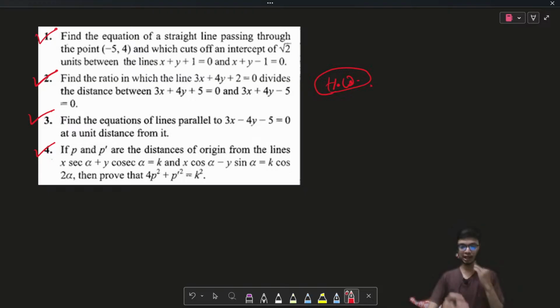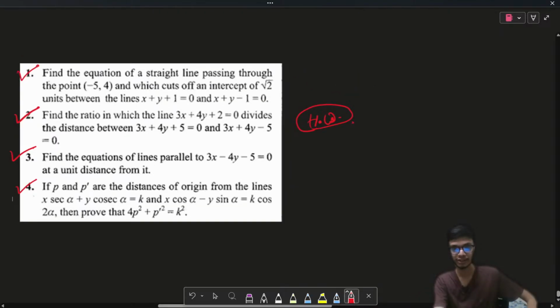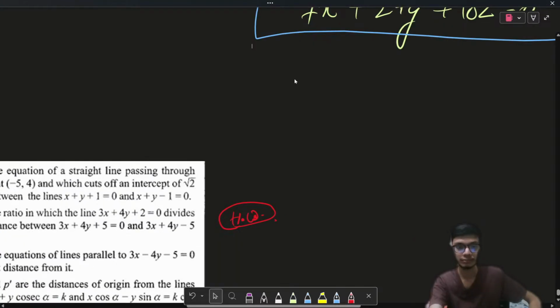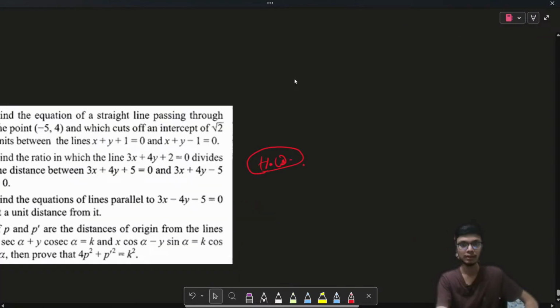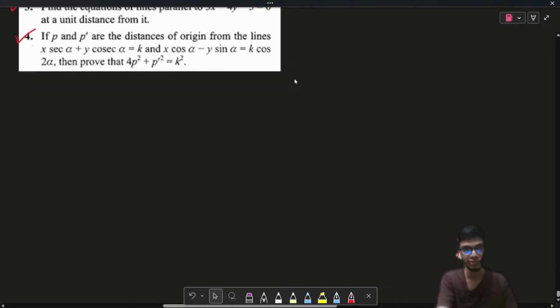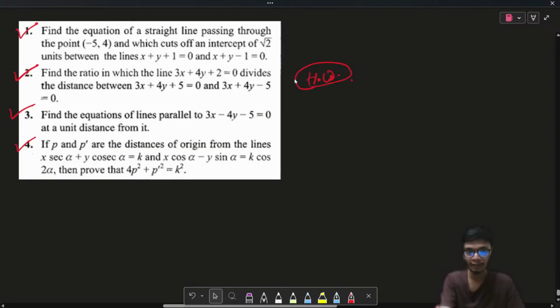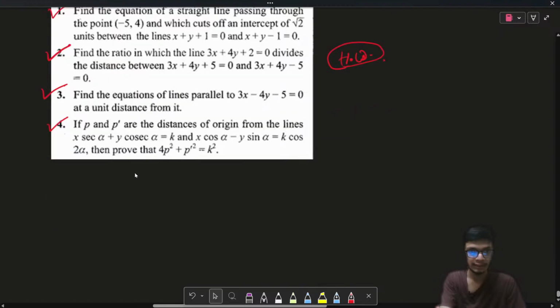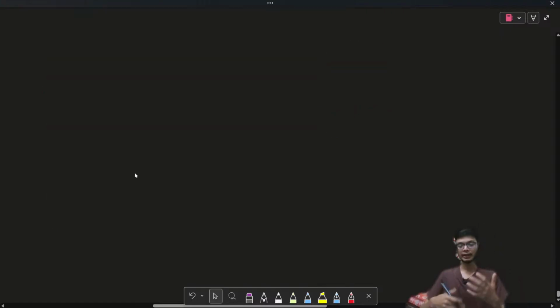Okay, so let us now move forward with our discussion on similar concepts. I hope you have taken a screenshot of it. All right. So let us now start to learn about another important set of questions relating to the position of a point relative to a particular line, right?